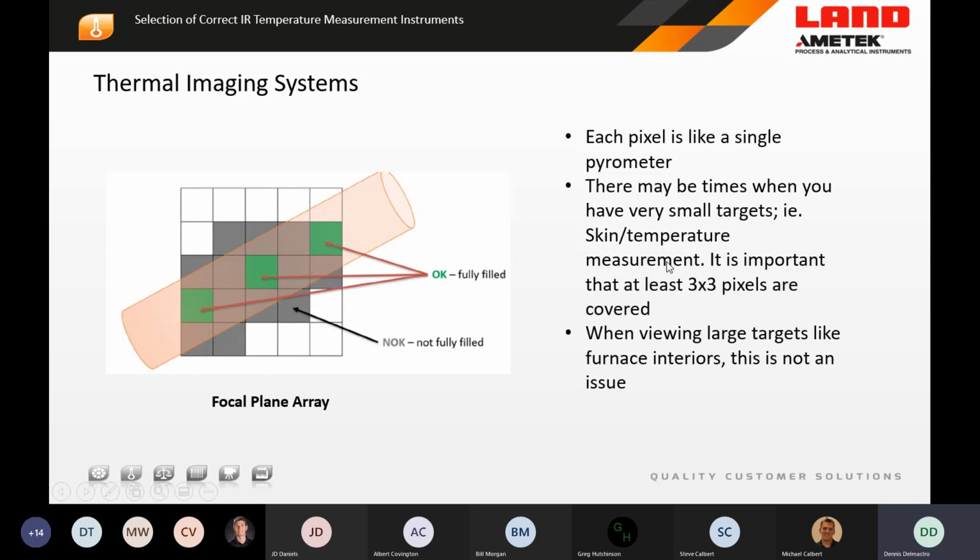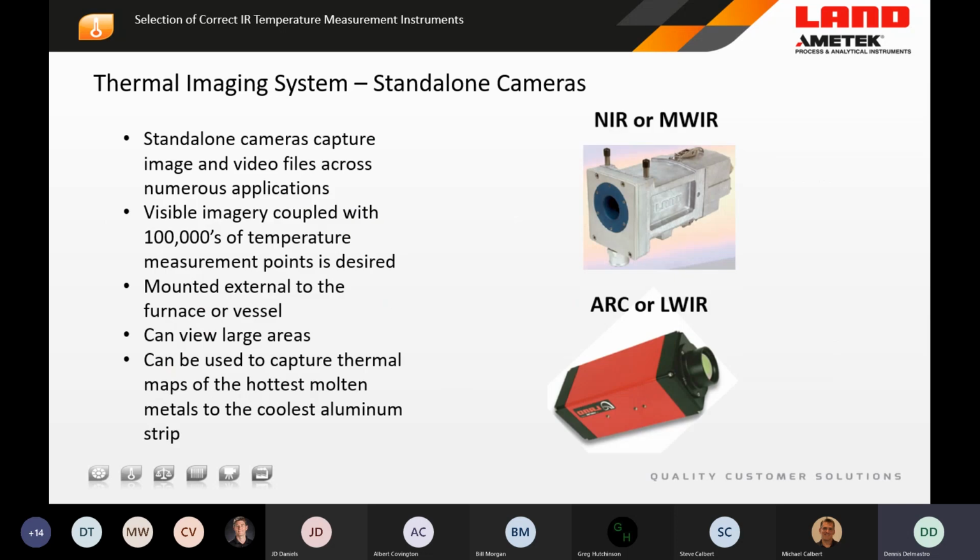In those cases, it's important that we at least get 3 pixels in order to get a proper reading. But when you're measuring large applications, say glass melt tanks, cement kilns, reformers, you really don't need to worry about a minimal number of pixels.